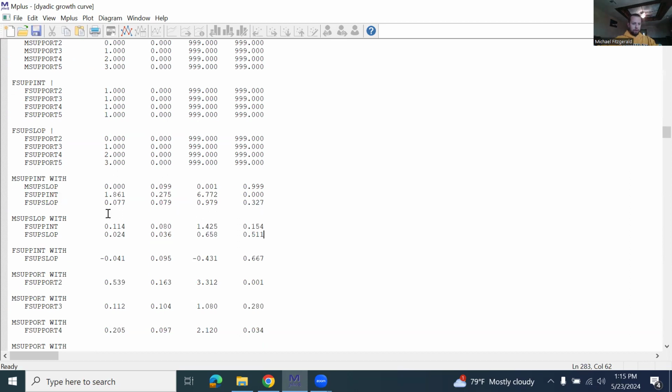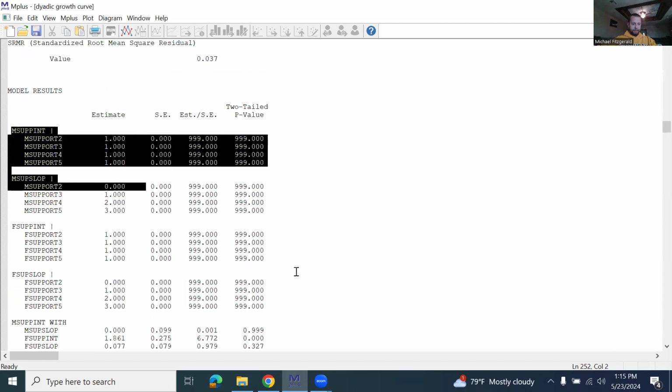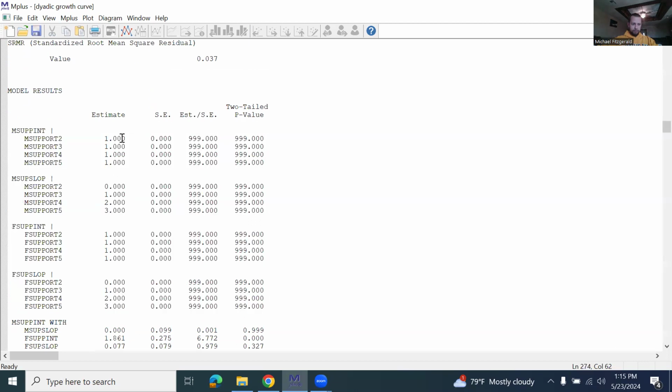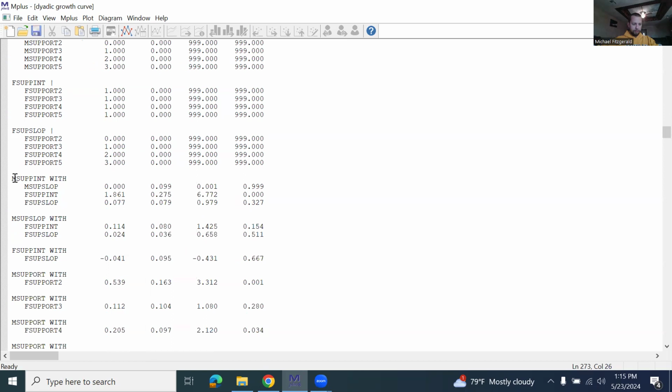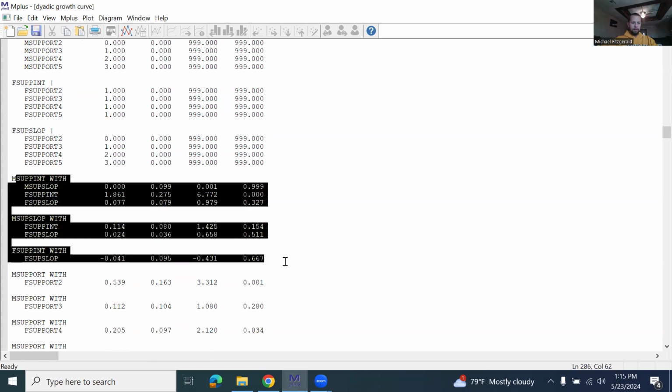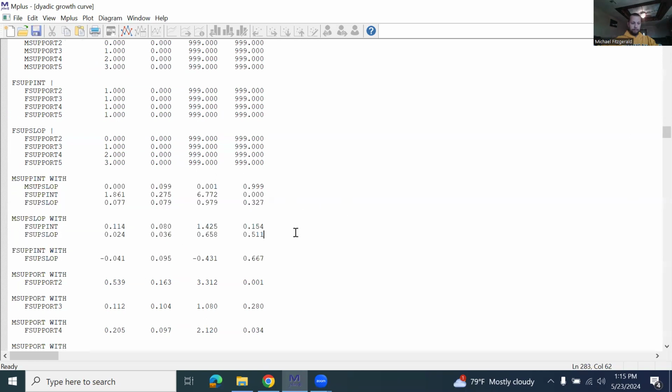So here are the fixed values. Here's our intercept, and here's our fixed values for time for the males, and the same thing for the females. And then here are the covariances between our intercept and slope factors. So we see that not many are actually correlated with one another. In fact, the intercepts, both of them, are correlated significantly.